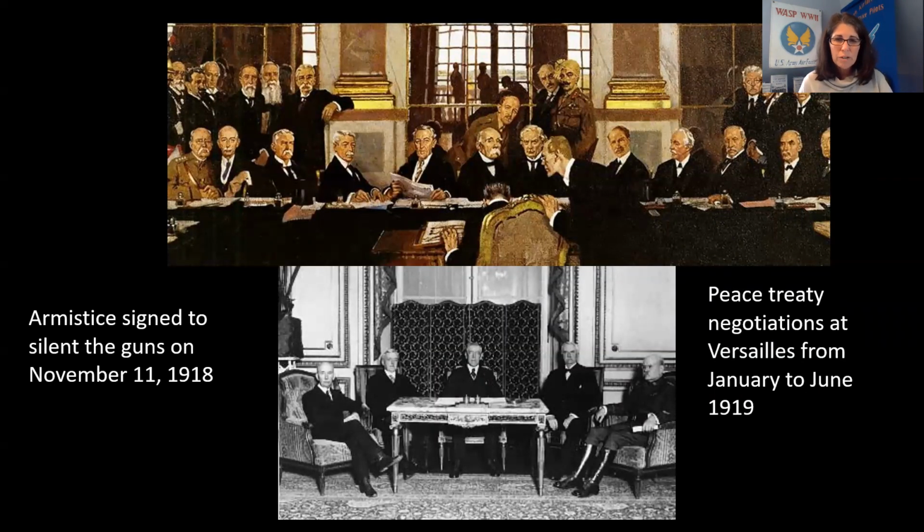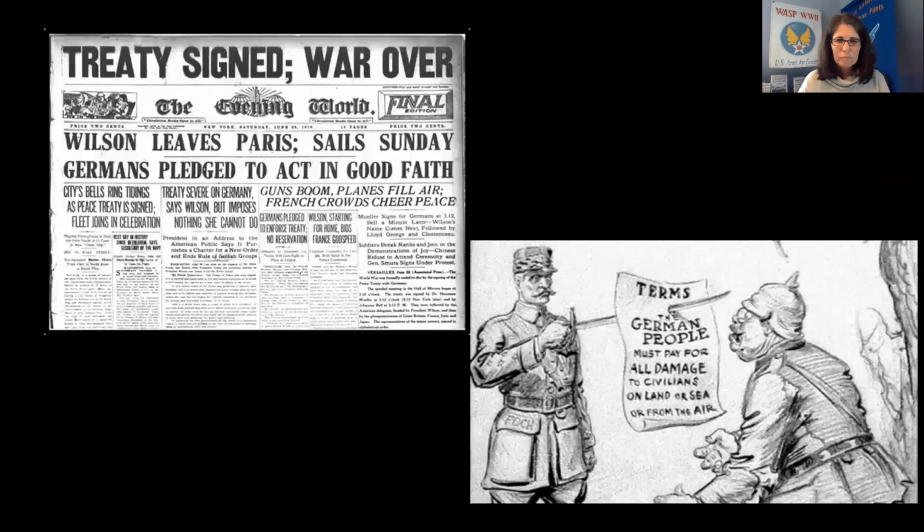The peace negotiations were held in Versailles in France. They went from January to June of 1919. Woodrow Wilson left the United States and went by ship to negotiate this for many months. The treaty is finally signed in June of 1919 by the Germans. It was brutal to the Germans. It demanded reparations.